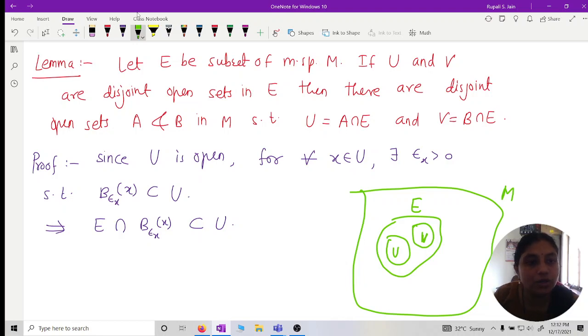There are disjoint open sets A and B in M such that U is equal to A intersection E.